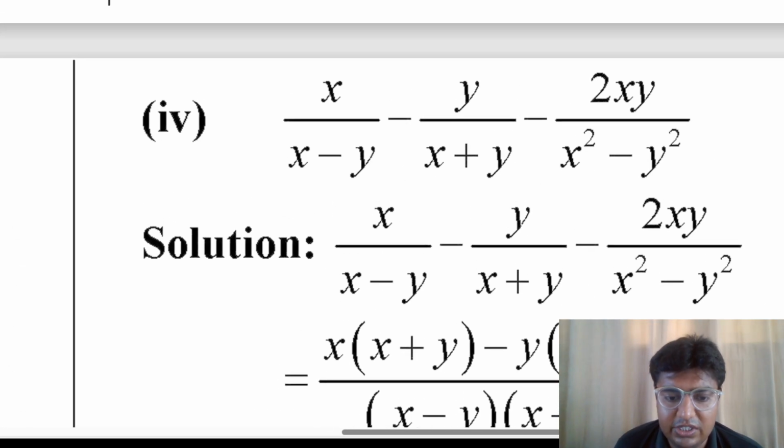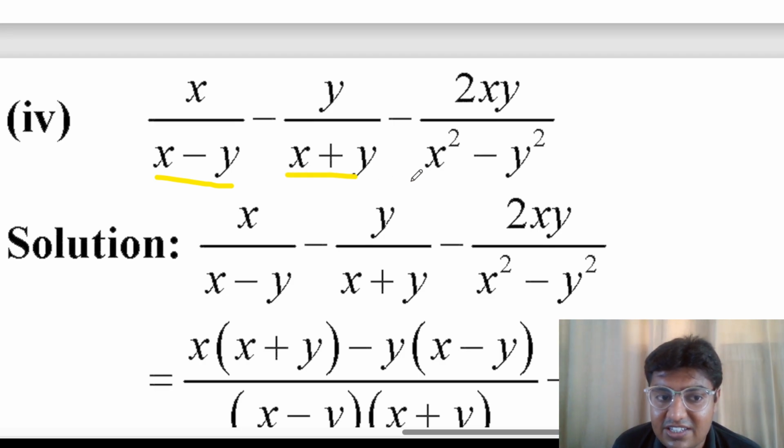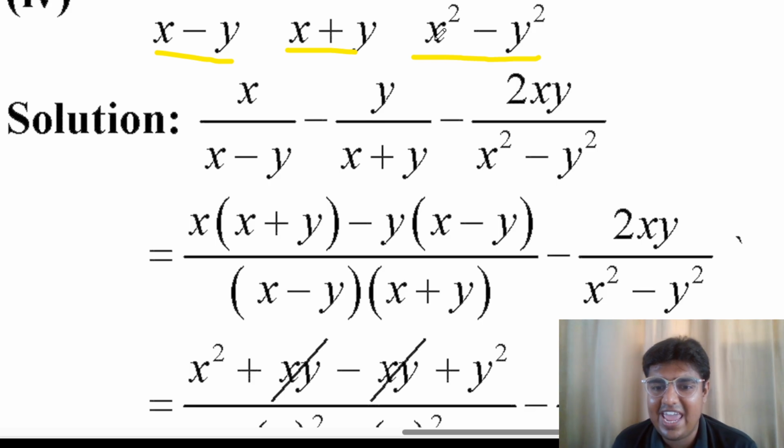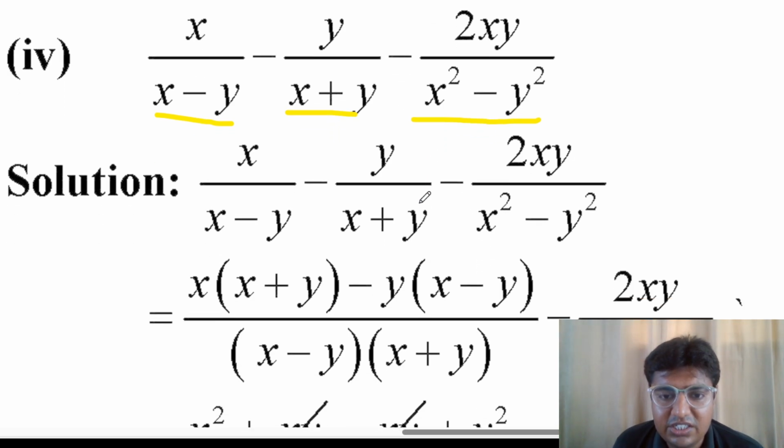Okay, be careful. Now the difficulty level has increased. One denominator is x minus y, the second one is x plus y, the third one is x square minus y square. I know you got the point that here there's a formula, a plus b, a minus b. Be careful if there are three denominators.